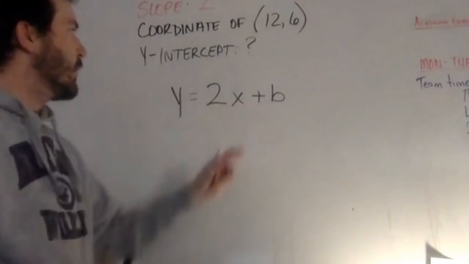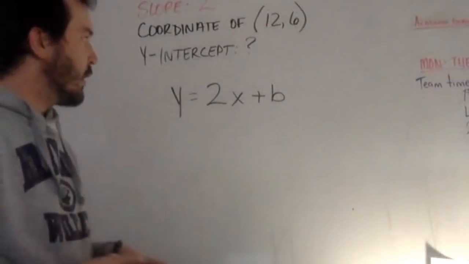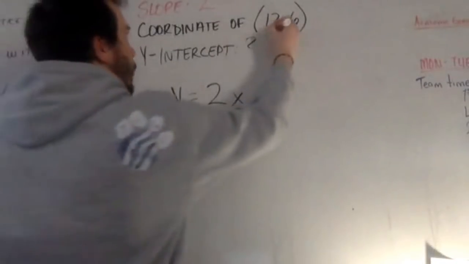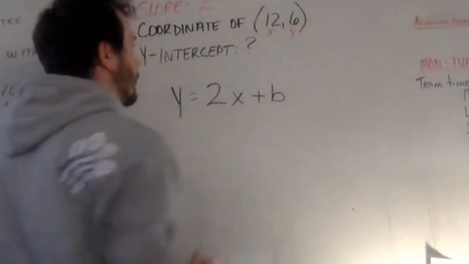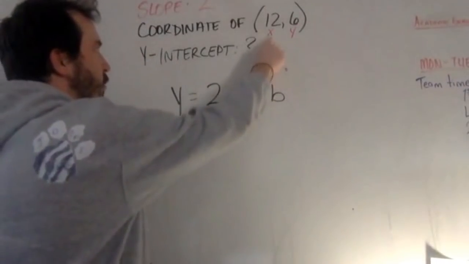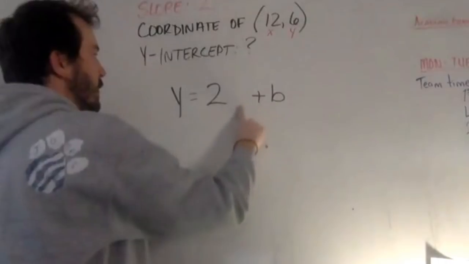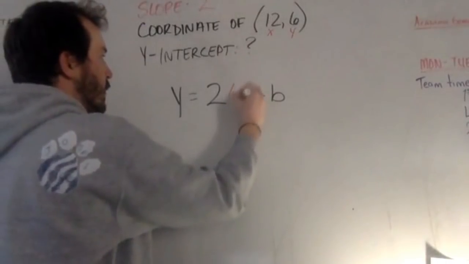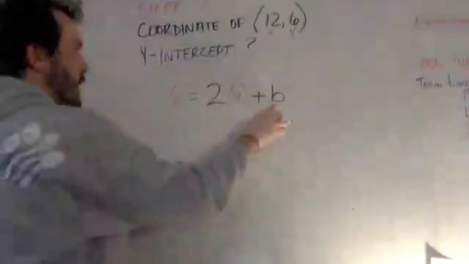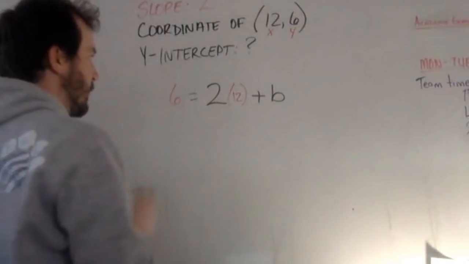We already have an x and a y: the x is 12 and the y is 6. So all we need to do is substitute 12 for x and 6 for y, and then solve for b.